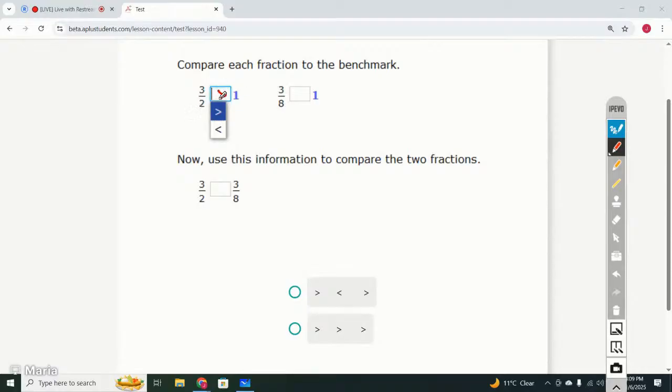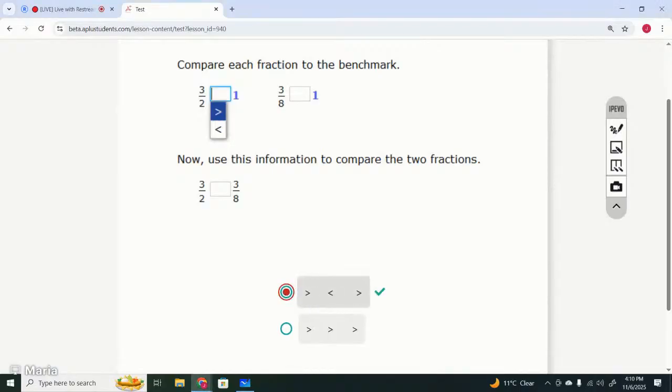So 3 by 2 is greater than 1. 3 by 8 is less than 1. 3 by 2 is greater than 3 by 8. Option number 1 is the correct option: greater, less, and greater.